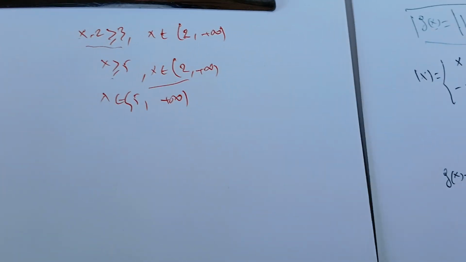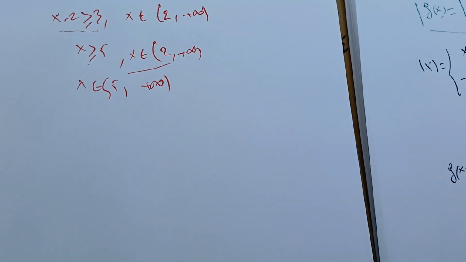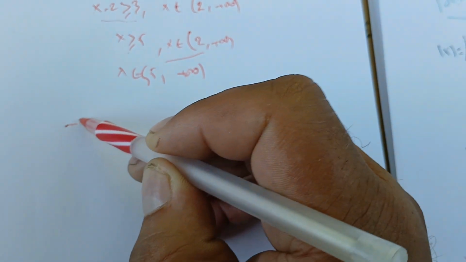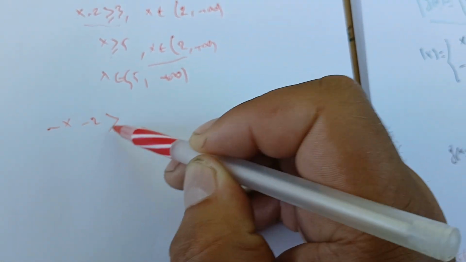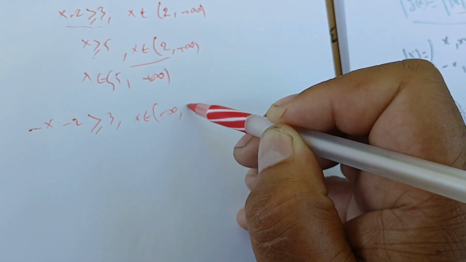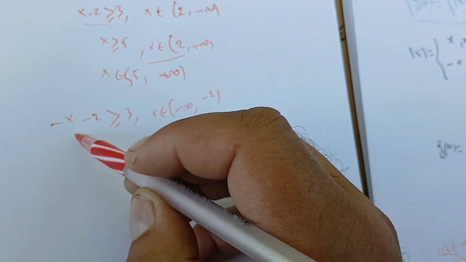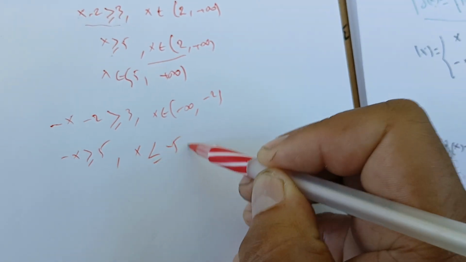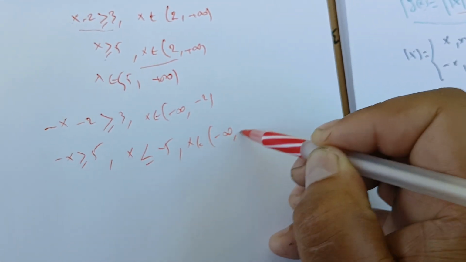Okay, so now when x is in minus infinity, minus 2, I get the absolute value equal to minus x minus 2 is bigger than 3 and x is in minus infinity, minus 2. So here I have minus x is bigger than 5. That means x is less than minus 5. And x is in minus infinity, minus 2.